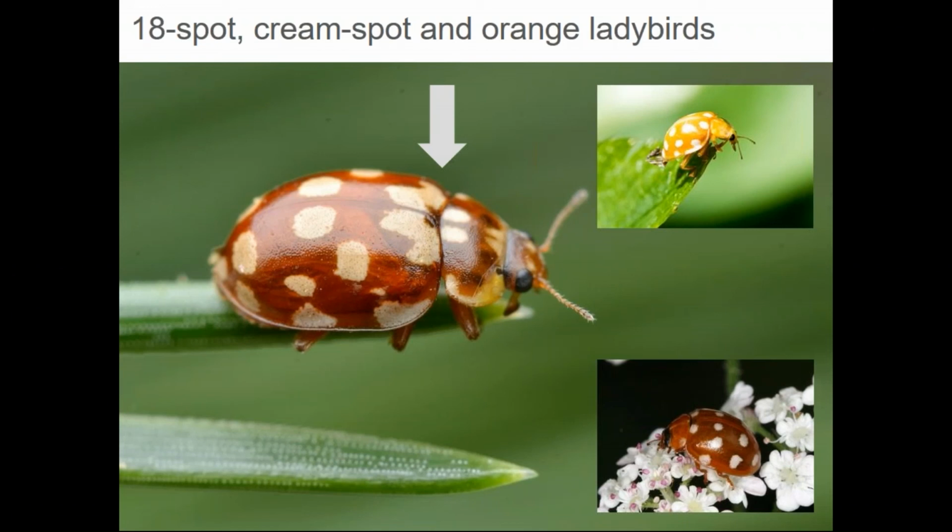And also those very front spots with the arrow pointing to them are L-shaped on the 18 spot ladybird. So if you look at the two together, it can be fairly easy to tell them apart. There's also quite a habitat difference. The cream spot ladybird would normally be in deciduous trees and the 18 spot in coniferous trees.